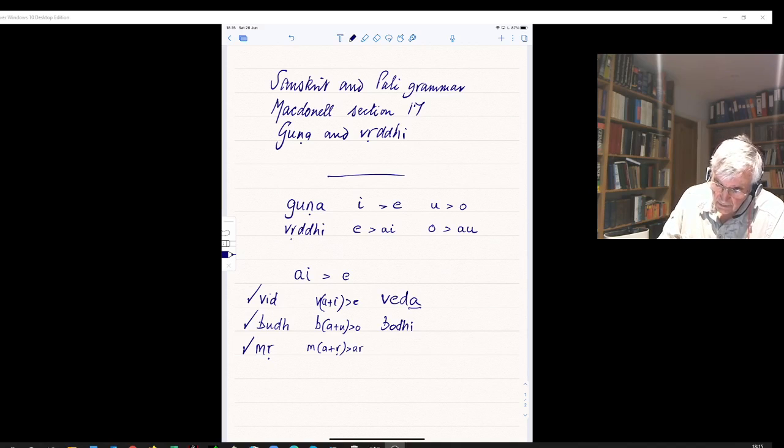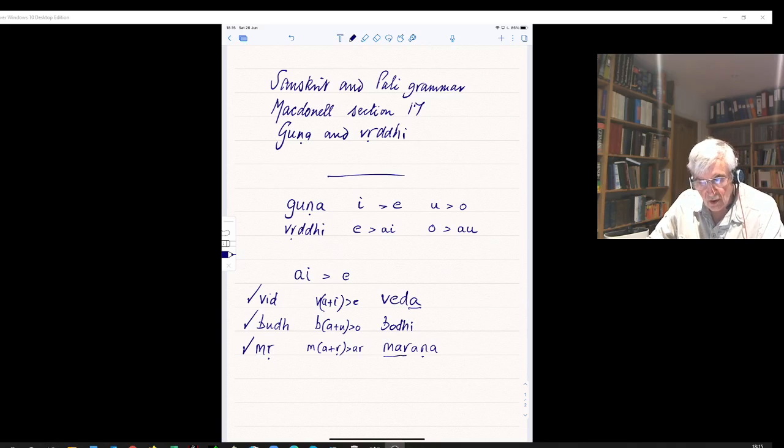So marana. So mri to marana, the mar here is the gunated vowel, or the root mri with the vowel gunated to become ar. So not mrana, but marana.